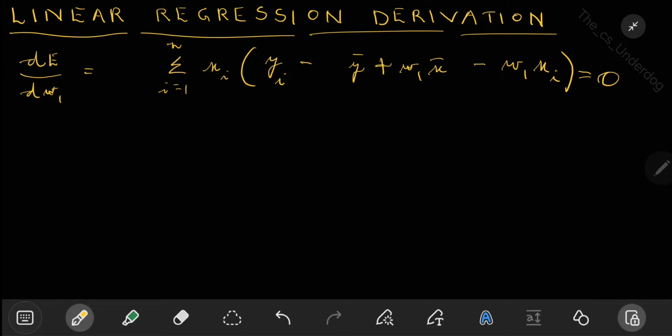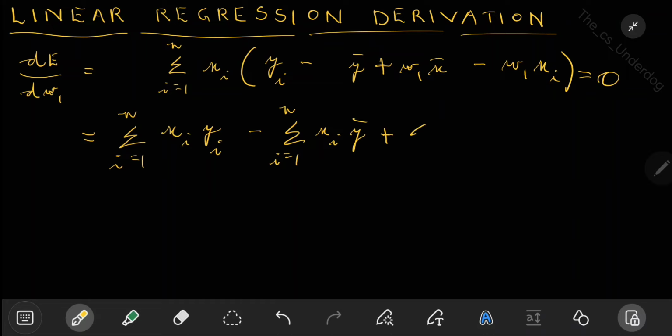Next step is we have to open the brackets. So if you open the brackets, sigma i equal to 1 to n xi yi, correct, minus sigma i equal to 1 to n xi y bar, plus sigma i equal to 1 to n xi w1 x bar, minus sigma i equal to 1 to n xi w1 xi.